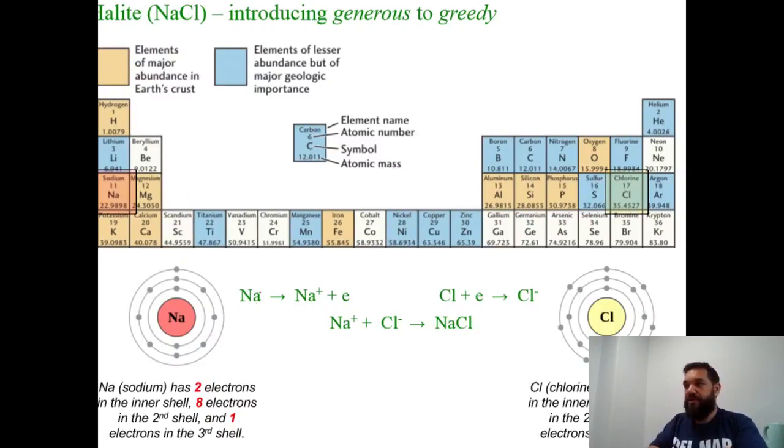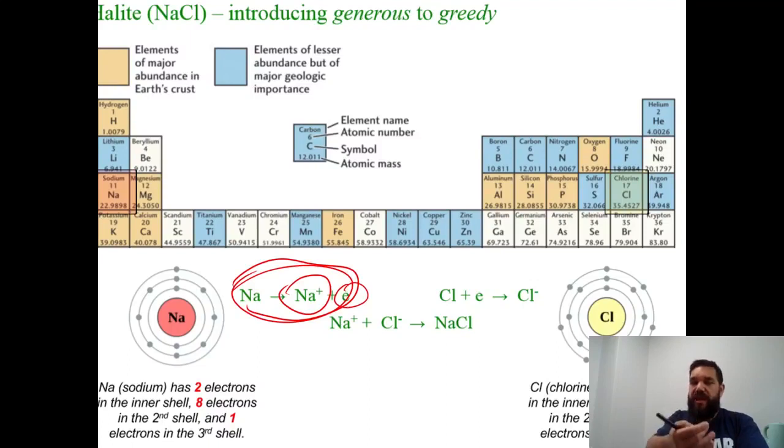So sodium is going to lose an electron, so it's going to go from neutral sodium to sodium plus an electron. When you take an electron away from sodium, it makes sodium have a net charge. Get ready here for number 7, number 8, number 9, and number 10.